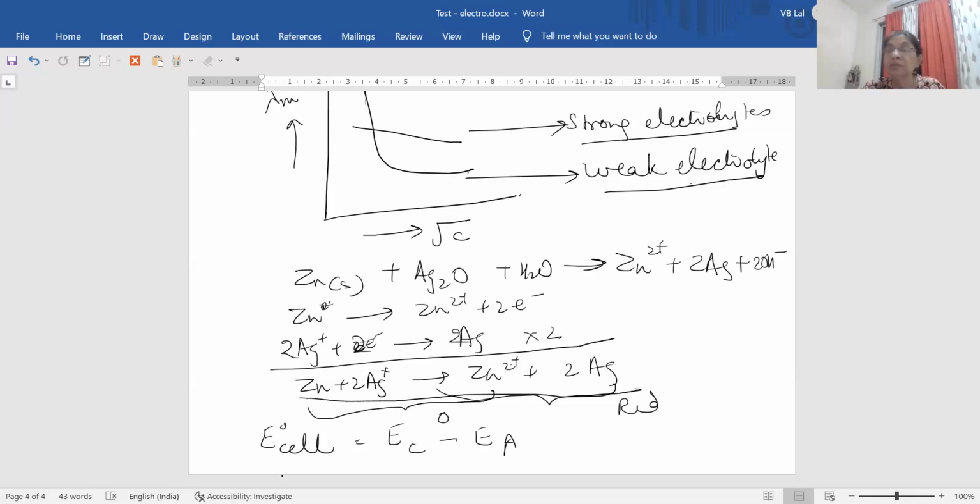I can tell you the cathode is silver, so for silver it is 0.80 volts. This will be given in the paper. And the reduction potential of the anode is minus 0.76. So it will become 0.80 plus 0.76, which is 1.56 volts. So for this cell, the EMF is 1.56 volts.